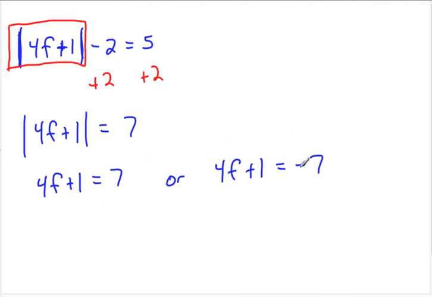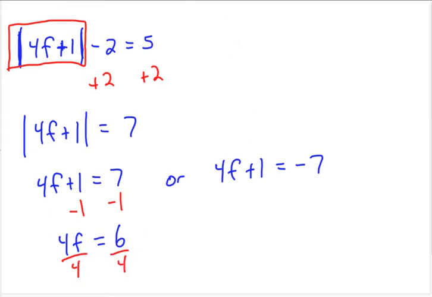Now once you have your or statement, it's very simple, and we've done these problems 100 times at this point. So once we get here, it's just like you would remember. 4f equals 6. Divide both sides by 4.